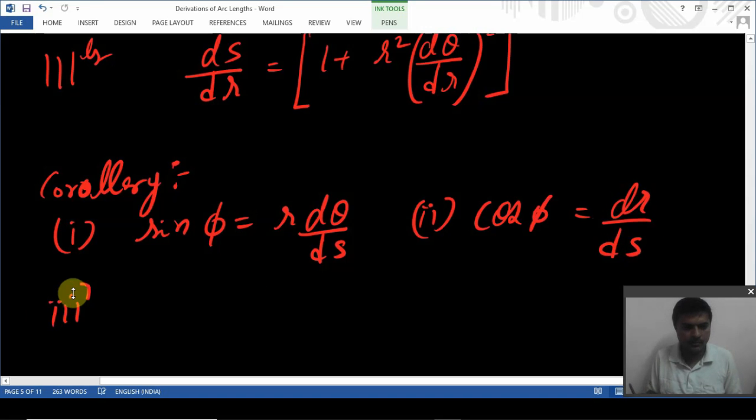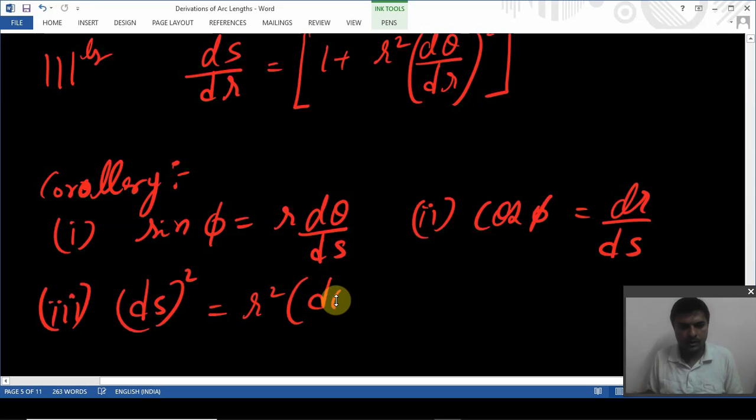And third one, let's remember, ds the whole square is equal to r square d theta the whole square plus dr the whole square.